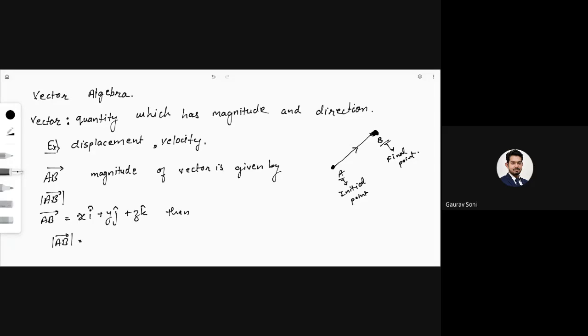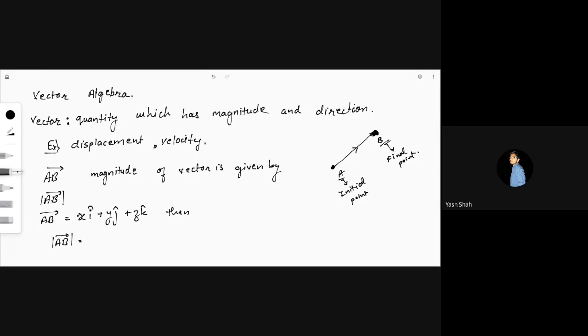Do you know how to find out magnitude of a vector? Dharmik? Yash, where is Yash? Yash Shah. Yes, sir. Can you tell me the magnitude? What is the formula to find out the magnitude of this vector?